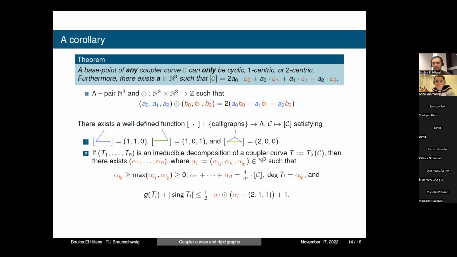Say you want to compute the multiplicity at the origin: you look at the monomial with the smallest degree, and this degree is the multiplicity of the curve at the origin. At any other point, you just translate it and use the same definition. These are the coefficients. The dimension equals the number of points plus one.